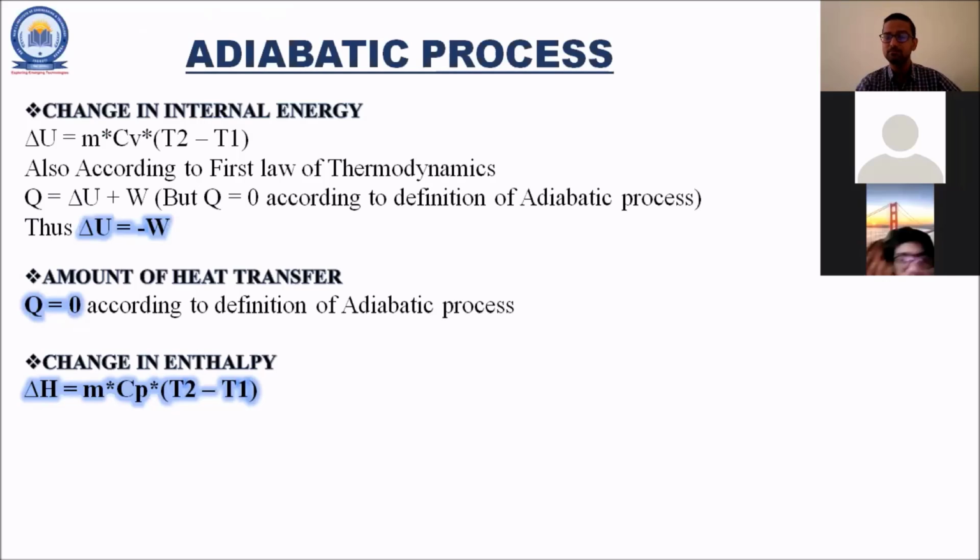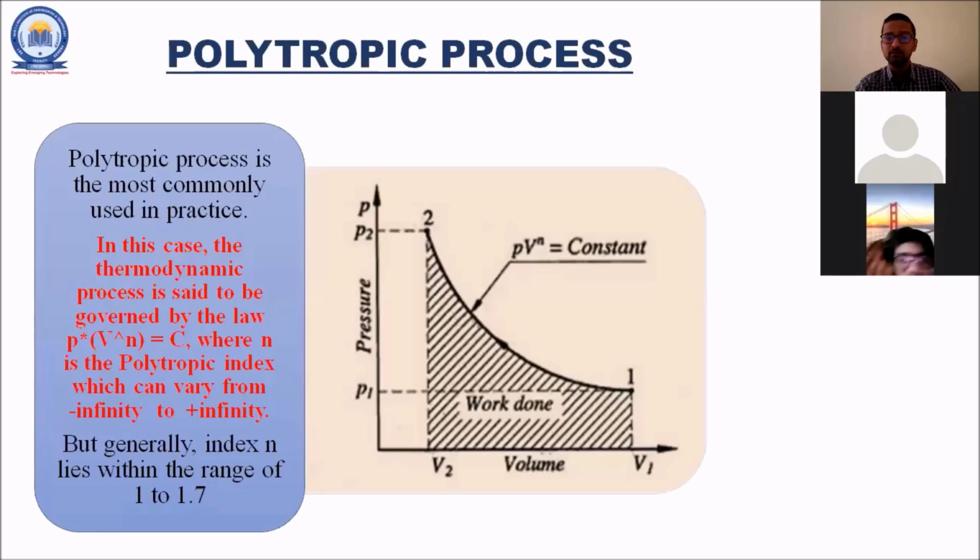So with this we are completing the adiabatic process. Remember, in the adiabatic process, it is a thermodynamic process in which there is no heat interaction. That means for the adiabatic process, Q is equal to 0. Now friends, let us proceed further to the last process, that is the polytropic process. The polytropic process is the most commonly used process in the practice for determining the properties of the gases.